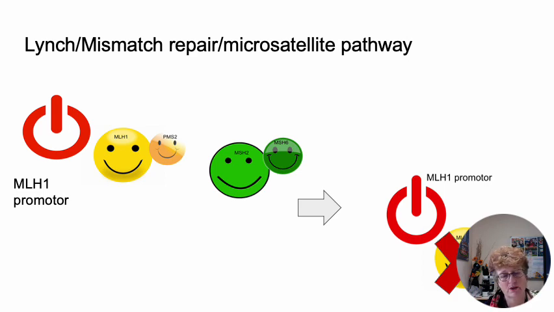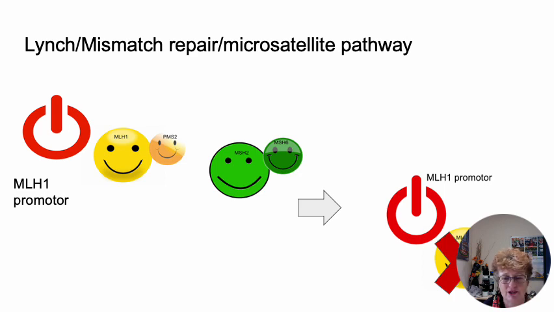All right, so there are 5 things that you need to know about this mismatch repair complex. The first is that there are 4 proteins, 1, 2, 3, 4. The second thing is that there is a promoter which switches these proteins on or off. This is meant to be like the off switch on the computer. The third thing to know is that if any of these proteins are mutated, then the whole thing doesn't work.